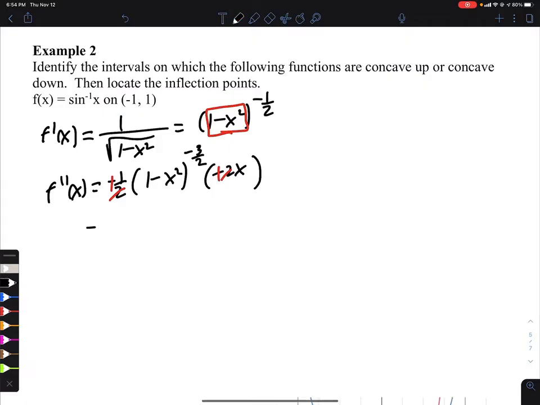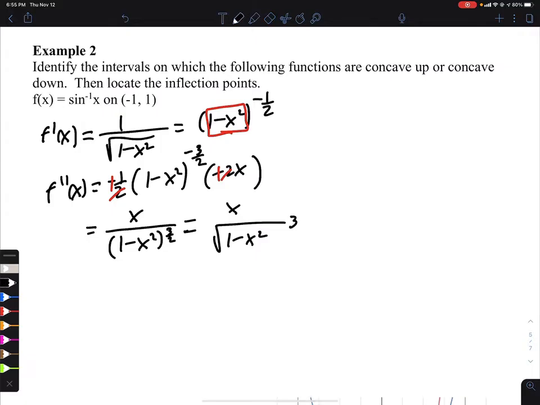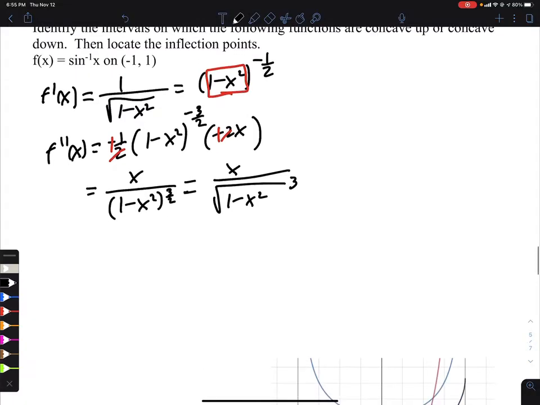So the second derivative is going to be x on top. The negative moves this to the bottom. So it's 1 minus x squared to the 3/2, which you can rewrite if you wish as the square root of 1 minus x squared, and that whole thing cubed. There is our second derivative.